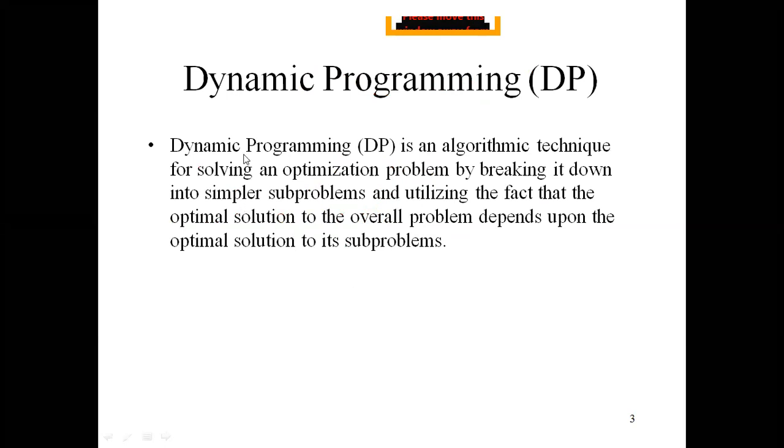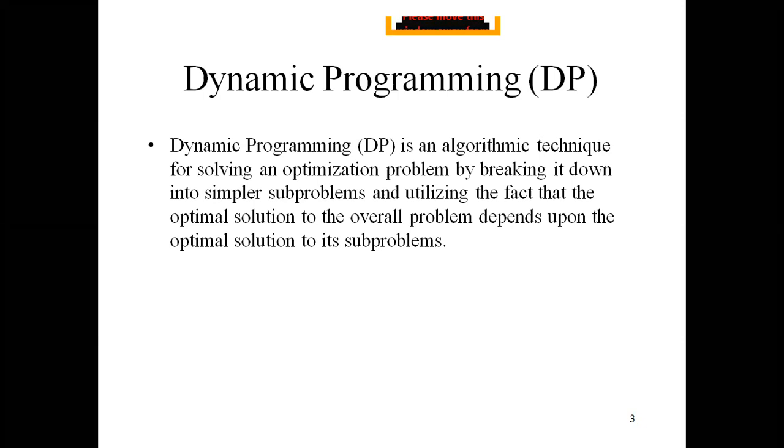Now see, we have dynamic programming. Just recall what dynamic programming is. Dynamic programming is an algorithmic technique for solving an optimization problem by breaking it down into simpler subproblems and utilizing the fact that the optimal solution to the overall problem depends upon the optimal solution to its subproblems.